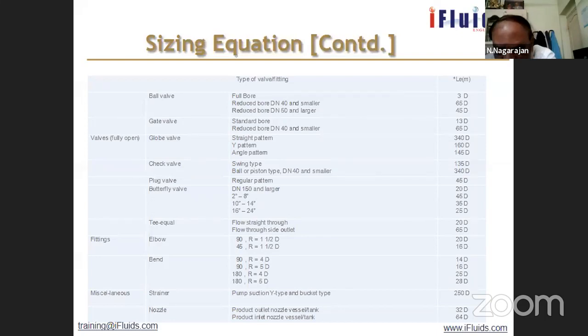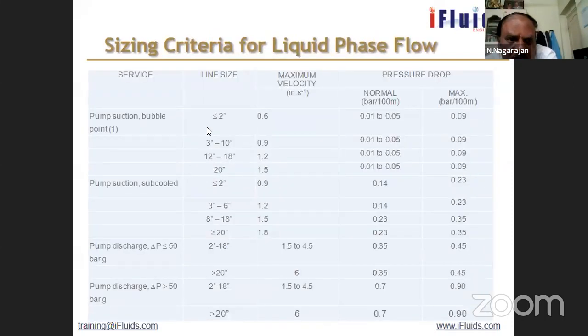So you can see different types and sizes of fittings have the equivalent length expressed in terms of the diameter times a particular number. Nozzles 32D, 32 times the diameter of the nozzle. Similarly, there is maximum velocity we can allow in pump suction, discharge, etc. For liquids, pump suction, we go up to 1 meter per second.